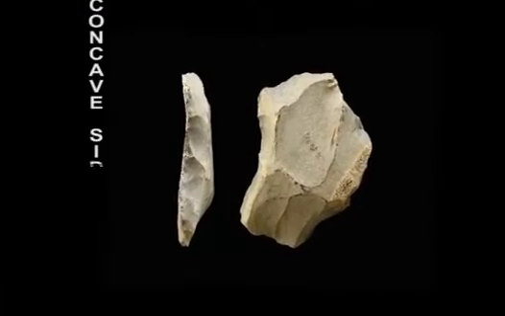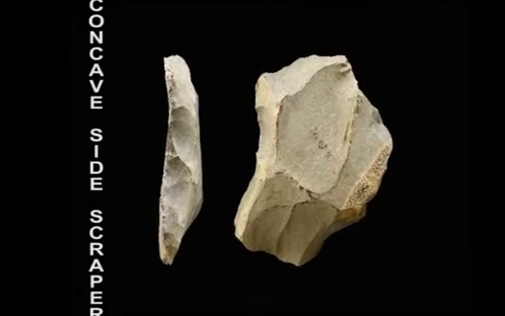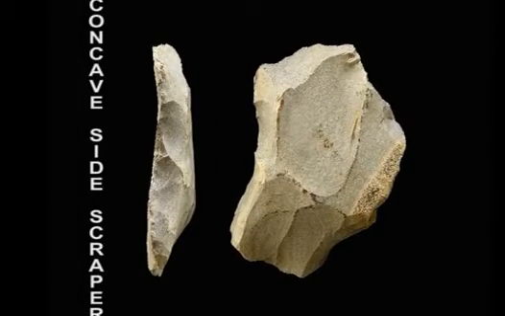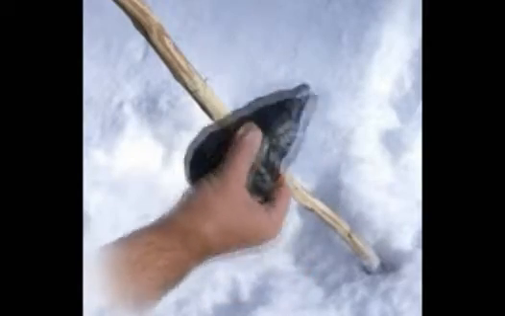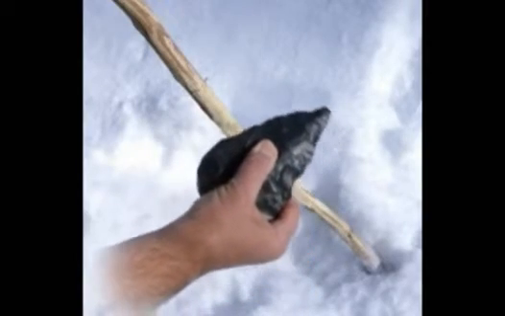It is also another variety of side scraper where the working edge remains curved at one of the lateral sides of the flake. It is mostly produced by using percussion technique. It might have been used for scraping away any excess material on a shaft or bone artifact in a spokeshave fashion.